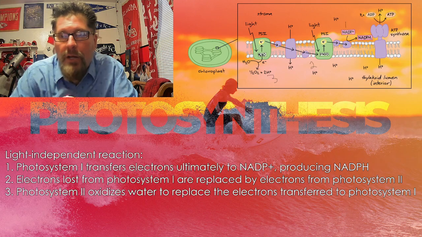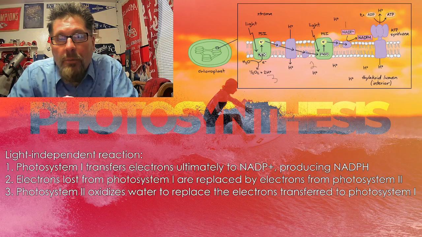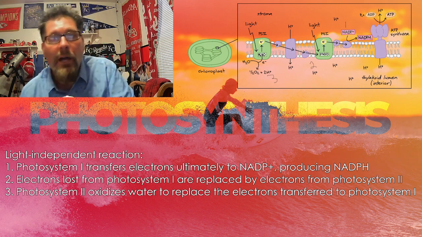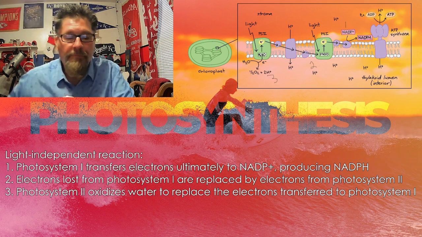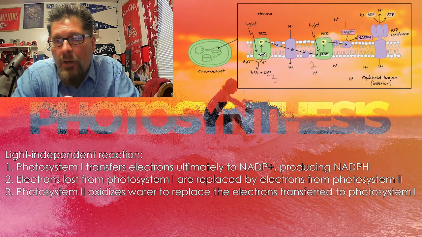We don't want to forget that aspect of it, but that's where the H now is from, and that NADPH is going to be going to the Calvin cycle, and that H is going to be part of building the glucose molecule.